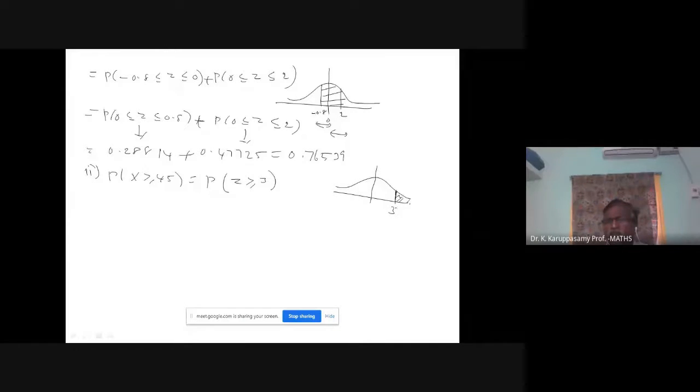Already we have used this technique previously. Right side portion is 0.5. Subtract this portion. That's all. It is equal to 0.5 minus probability of 0 less than or equal to z less than or equal to 3. Take your calculator and find Q of 3.